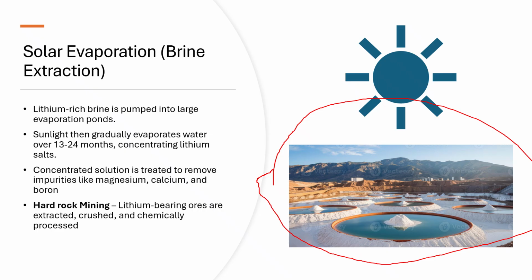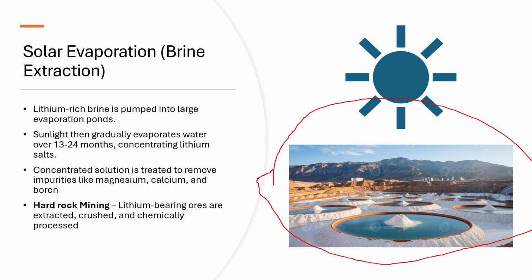Overall, lithium-rich brine is pumped into large evaporation ponds. Sunlight then gradually evaporates water over a 13 to 24-month period, which concentrates the lithium salts. The concentrated solution is treated to remove impurities like magnesium, calcium, and boron. Then you have another type of traditional method, which is called hard rock mining, where lithium-bearing ores are extracted, crushed, and chemically processed.